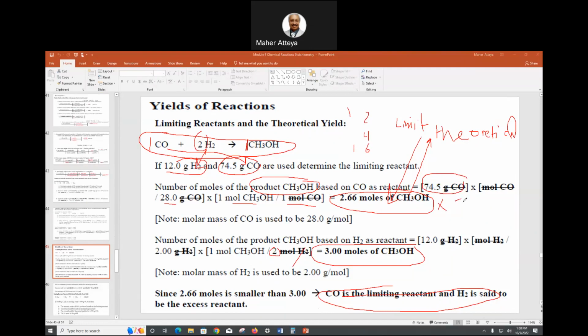So if I multiply this one here by 32 grams of the product per mole of the product, the moles cancel out, and then you multiply this number of moles by the 32 grams from the molar mass of the product, you get number of grams.